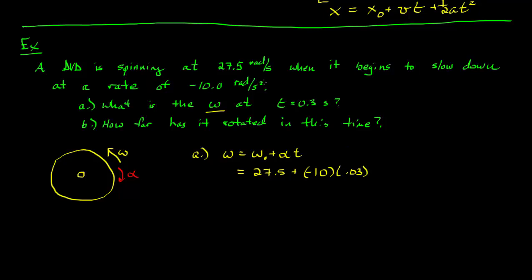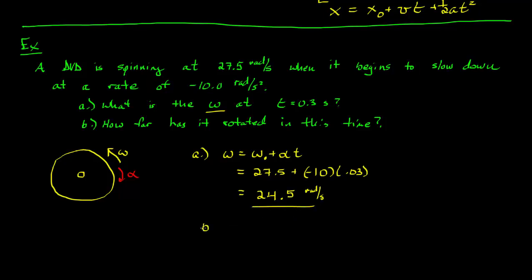One of these seconds will cancel one of these, so we get the same unit, and we can add all that up. And we get 24.5 radians per second.